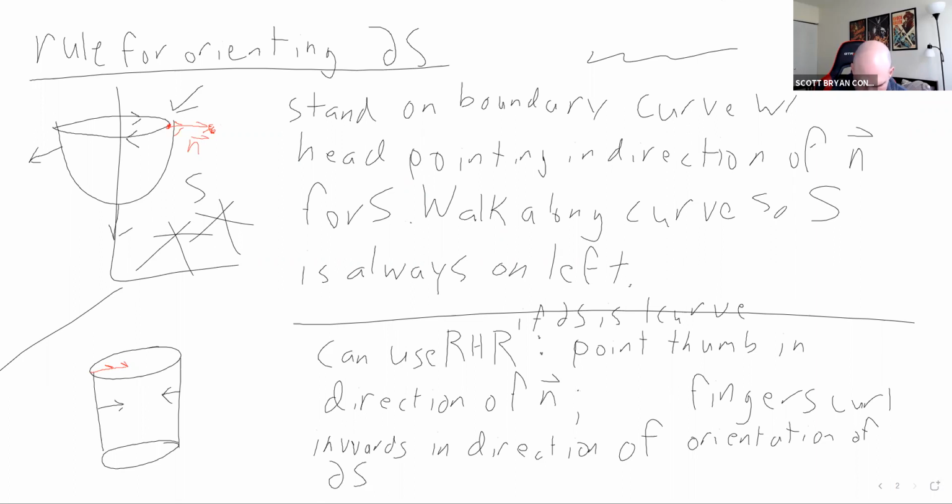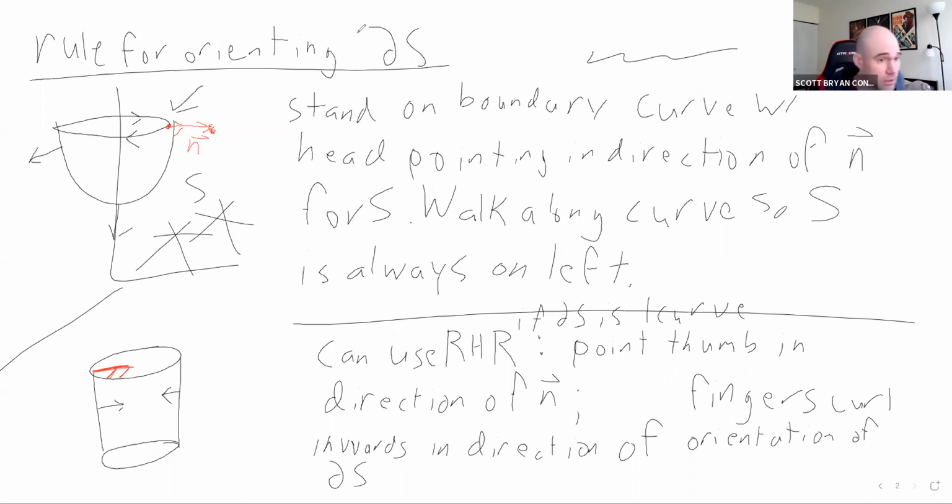Wait. No. Sorry. We can obviously turn around, but we want to draw your hands on the side facing the surface.